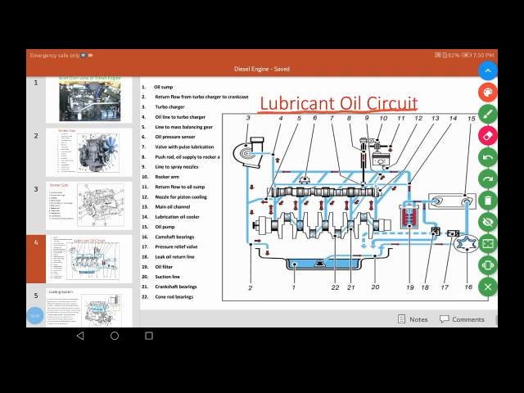First of all, you can see this one is the oil sump. This is also called the engine oil tank, and this one is the crankshaft. This is a camshaft, and this one is the oil pressure sensor.